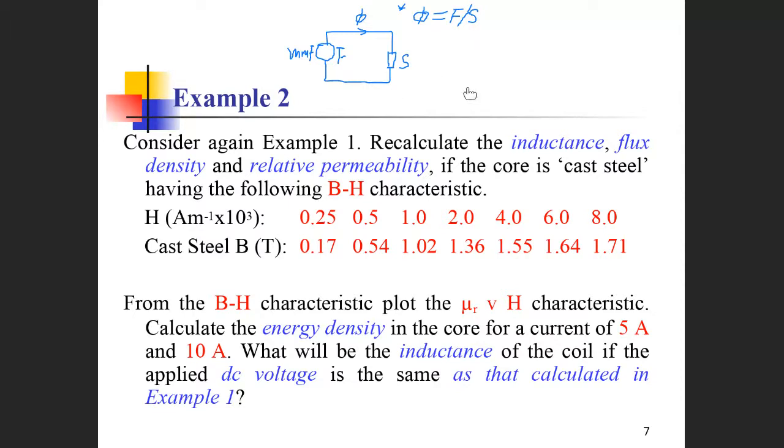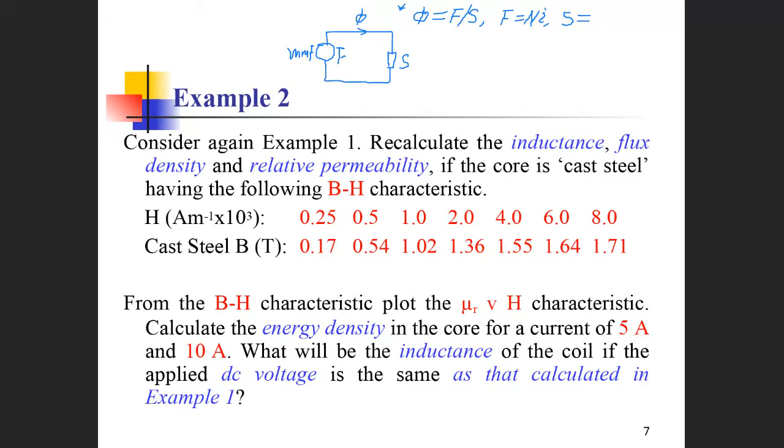Then, when you look into the details of the coil, if you have a coil that has turn number N, and the current going through the coil is I, then the magnetomotive force F equals N times I. Then the reluctance is related to the core material and the coil's length.